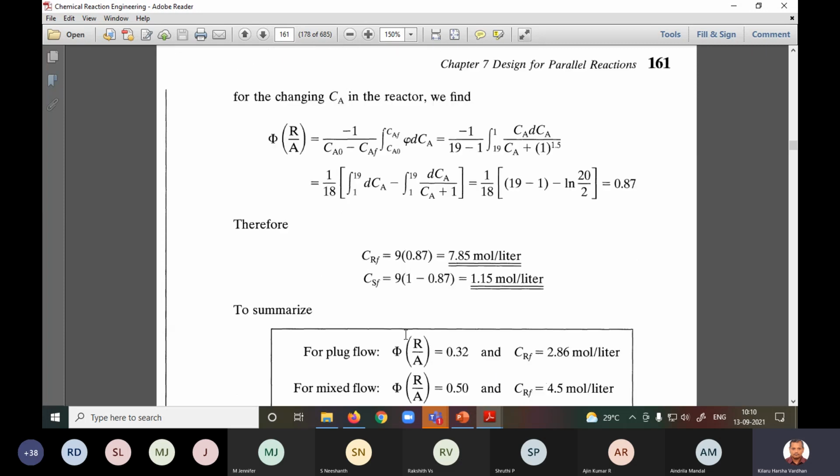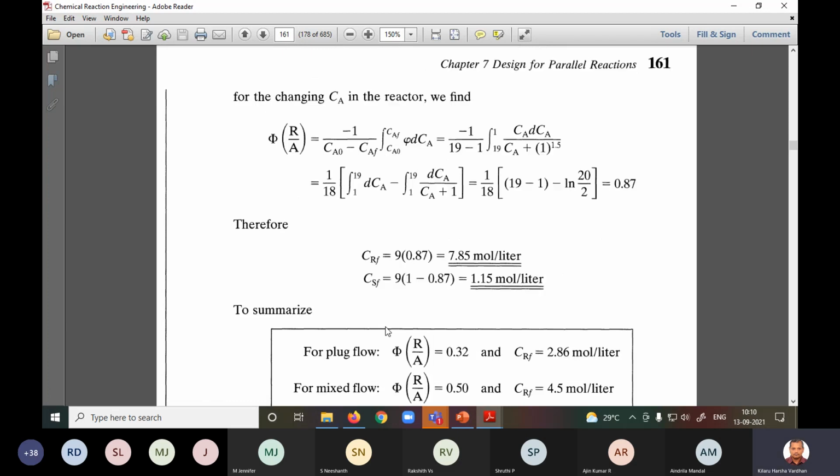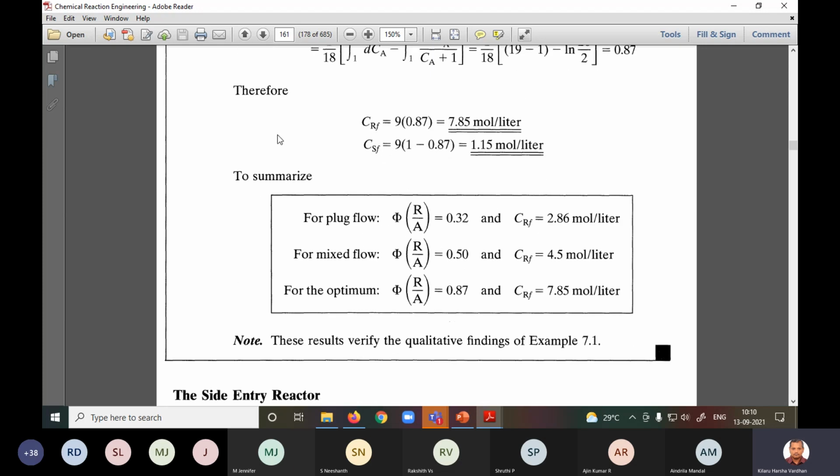So to summarize, you know that for a plug flow reactor, pi R by A is 3.2. And for a mixed reactor, your overall yield is 0.5. But for an optimum, this is the optimum generally because you need to have very high A and low B. For that, optimum is 0.87.